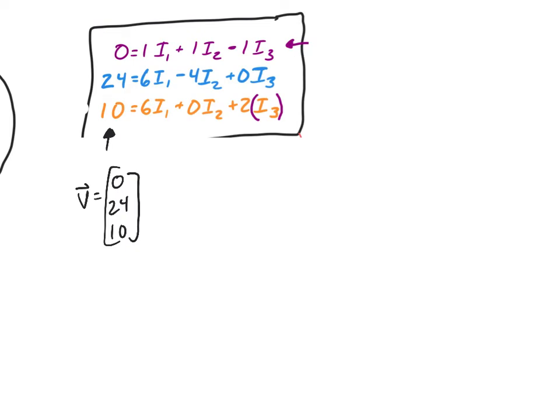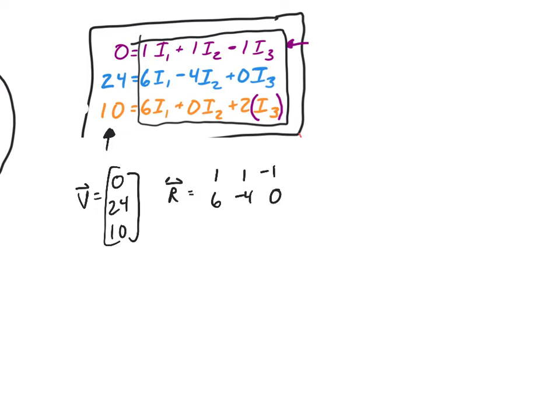Next, all of these numbers in here, not the currents, all the numbers. I'm going to call that my resistor matrix. And it's going to be 1, 1, negative 1, 6, negative 4, 0, and 6, 0, positive 2. That's my resistor matrix.